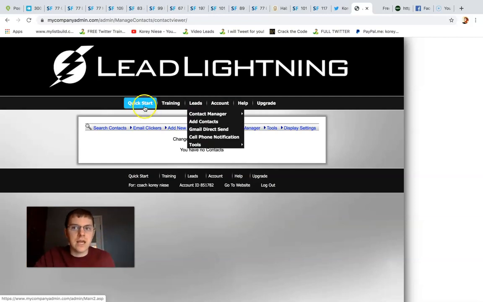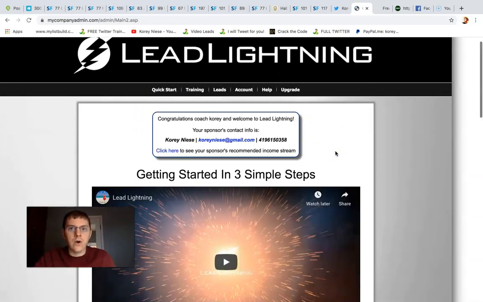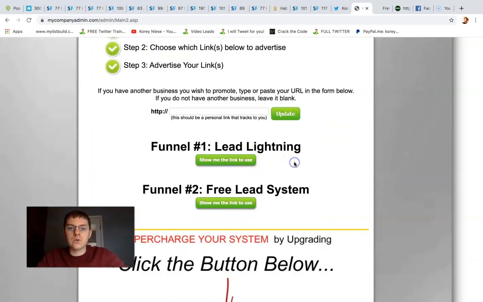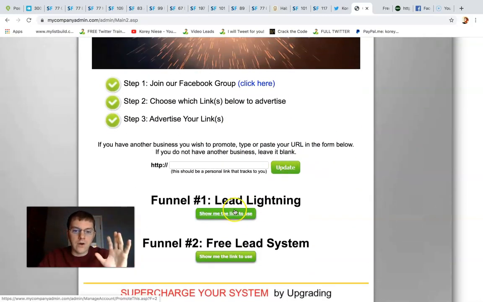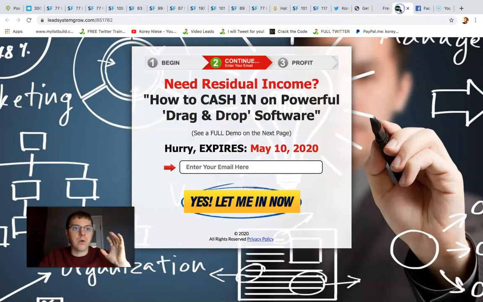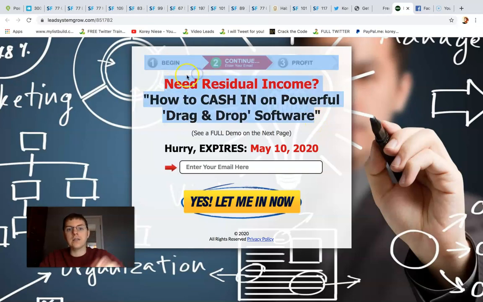I just want to explain the difference, because I know free lead system and Lead Lightning might already confuse some people. There are two ways to generate leads. One is giving away a free lead system, like I just explained, and you can do that like this. The other one is just promoting right into Lead Lightning.